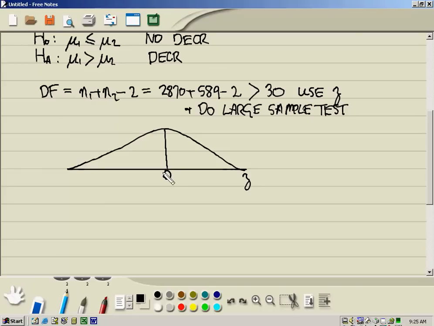Remember, middle is always 0. It'll help you with the rest of the diagram. We are doing an upper tail test with an alpha of 1%. 1% in the upper tail.